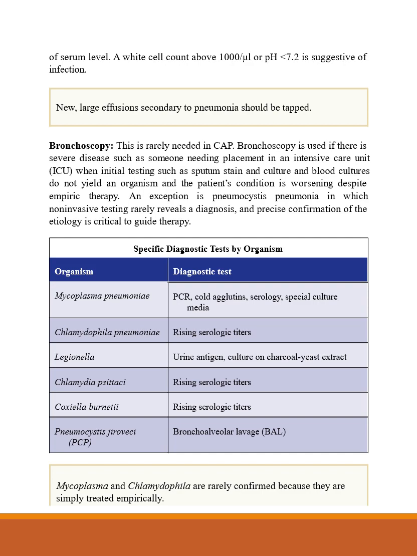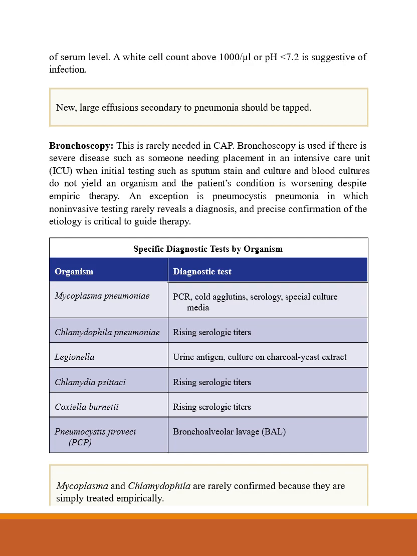If we have Mycoplasma pneumonia, we need PCR, cold agglutinin, serology, and specific culture media. If we have Chlamydia pneumonia, we will see a rising of the serological titers. If we have Legionella, we need to do urine antigen or culture on charcoal yeast extract.